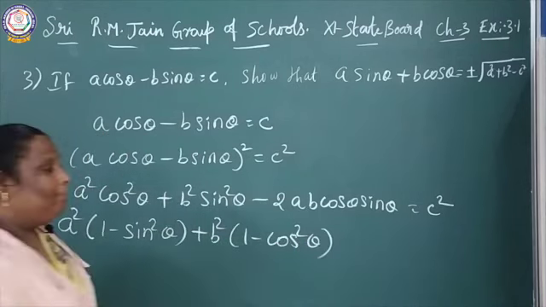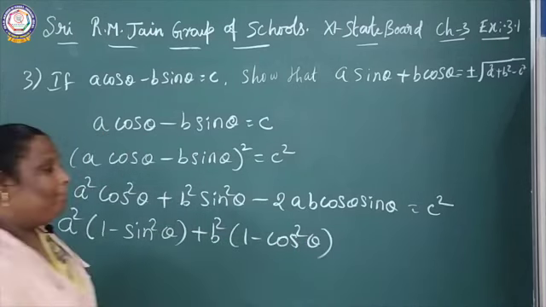You multiply the value: A square minus A square sin square theta plus B square minus B square cos square theta minus 2AB cos theta sin theta equal to C square.